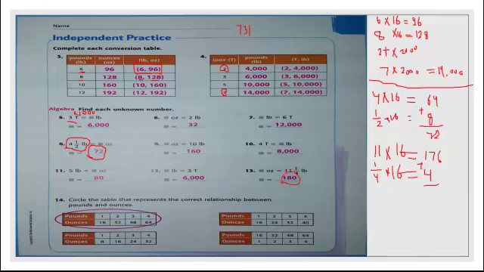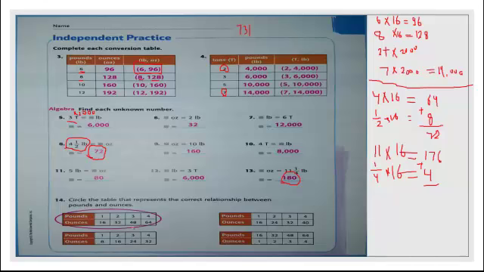Okay, the next question. Circle the table that represents the correct relation between pounds and ounces. Let's try the first one. 1 pound equals 16 ounces. Correct. 2 pounds is 2 multiplied by 16, which gives us 32. Correct. 3 multiplied by 16 will give us 48.